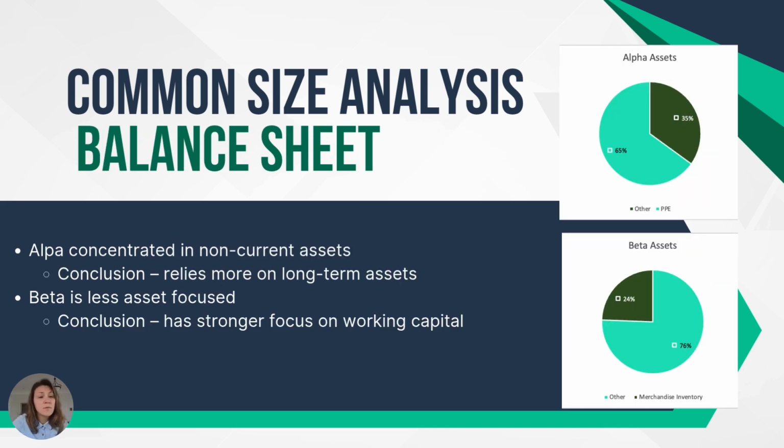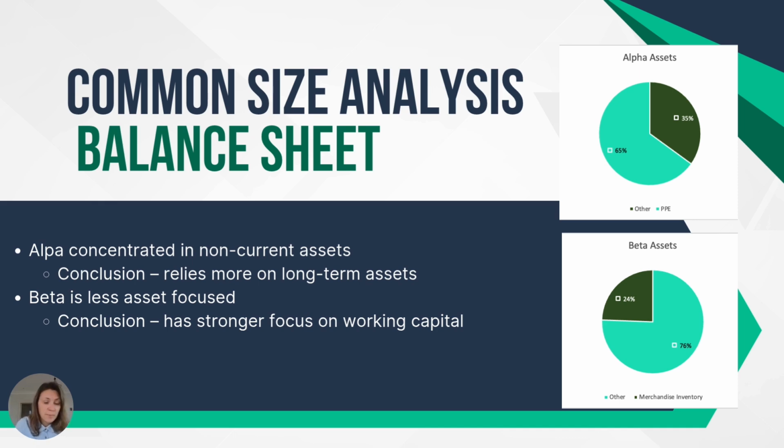In this slide, we can see the common size analysis of the balance sheet. This slide presents that Alpha company is more concentrated in non-current assets, specifically in property, plant, and equipment. This suggests that this company relies more heavily on long-term operational assets.